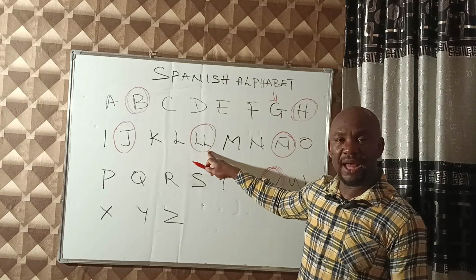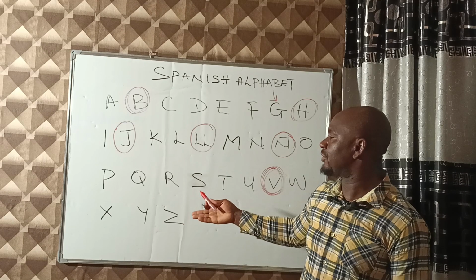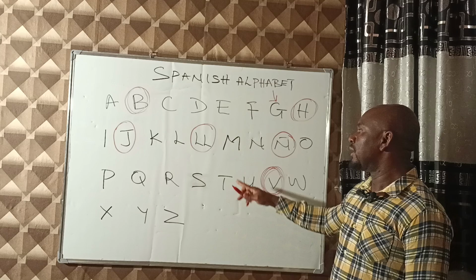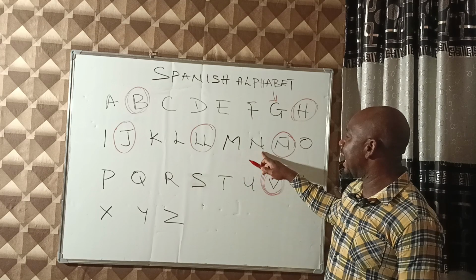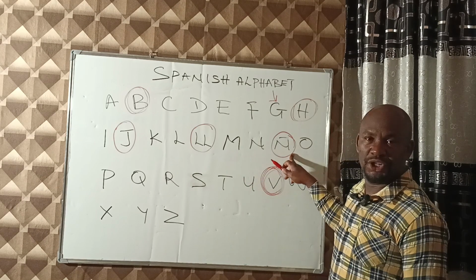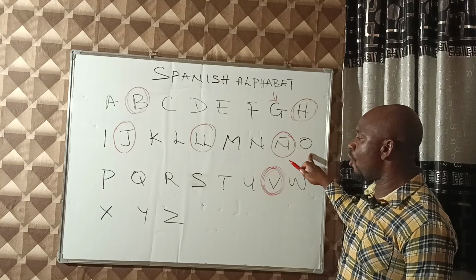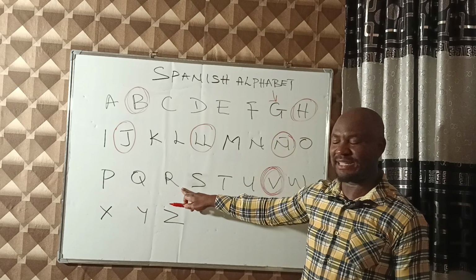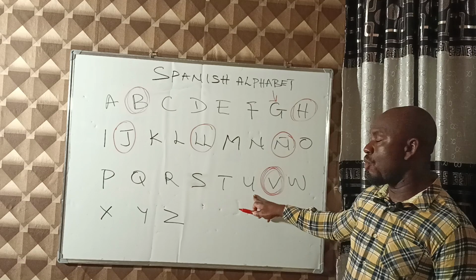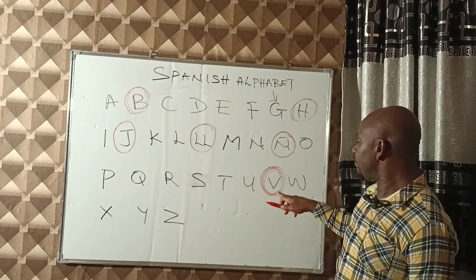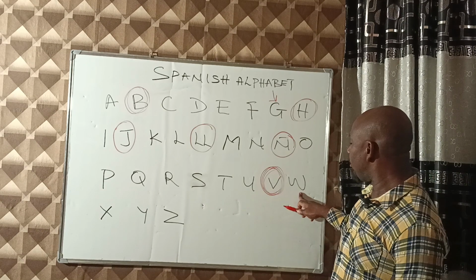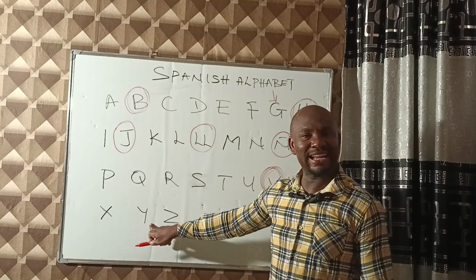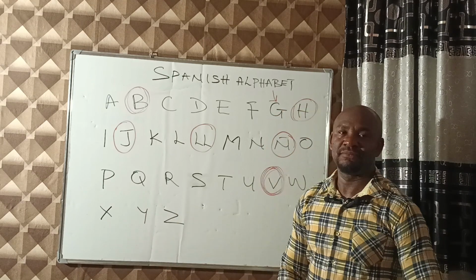When you have double L, it has a different sound. So I'm going to walk through that sound in a while. We have eme, ene, we have the new sound ñ, we have O, P, Q, R, S, T, U, V, W, equis, Y, Z.